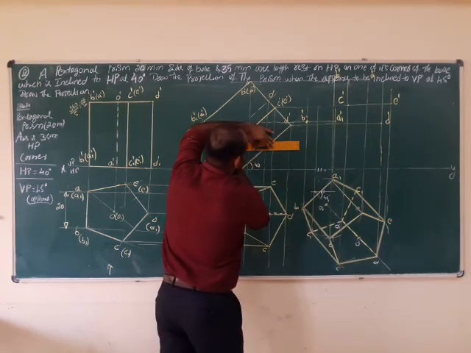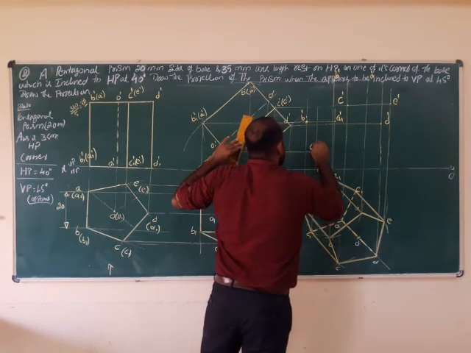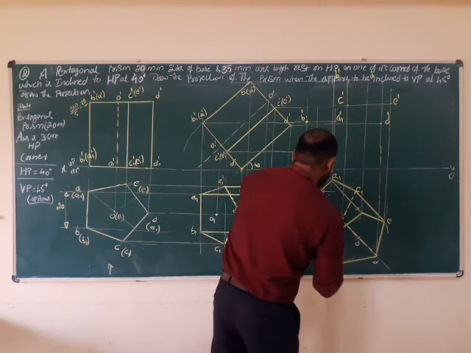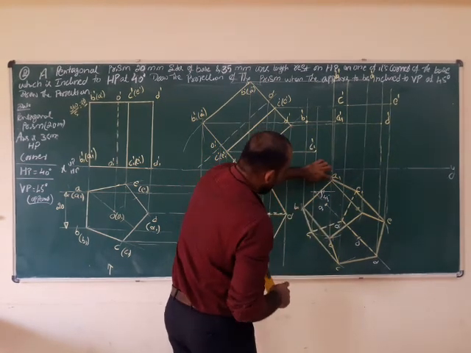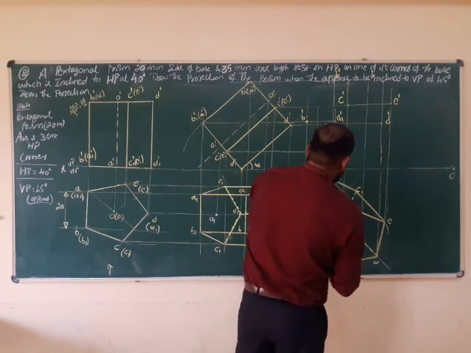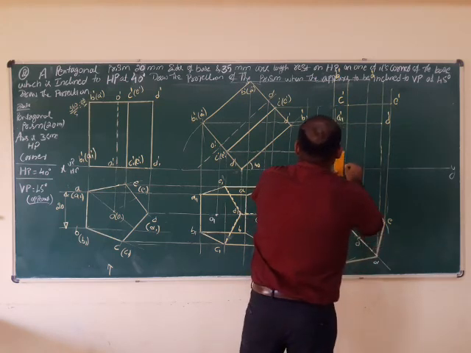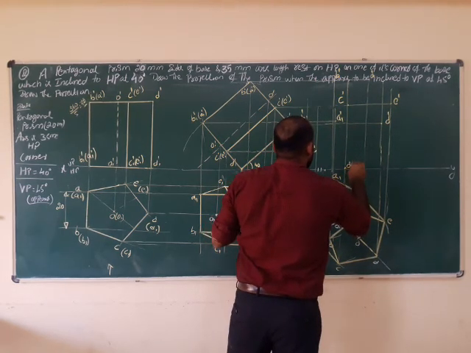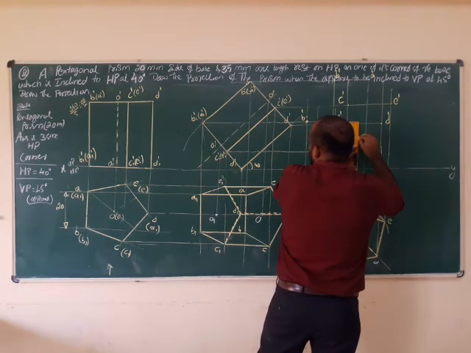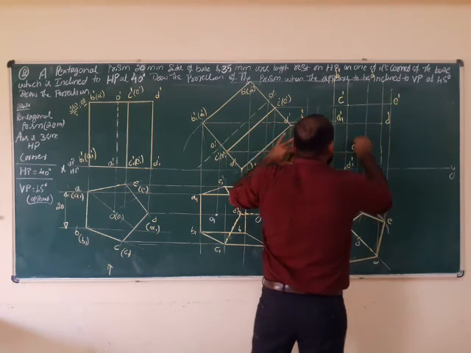This is called C1. You get C1 dash. Next D1. That line is called D1, D1 dash. Next E. Continue that line. This part is called E1 dash.